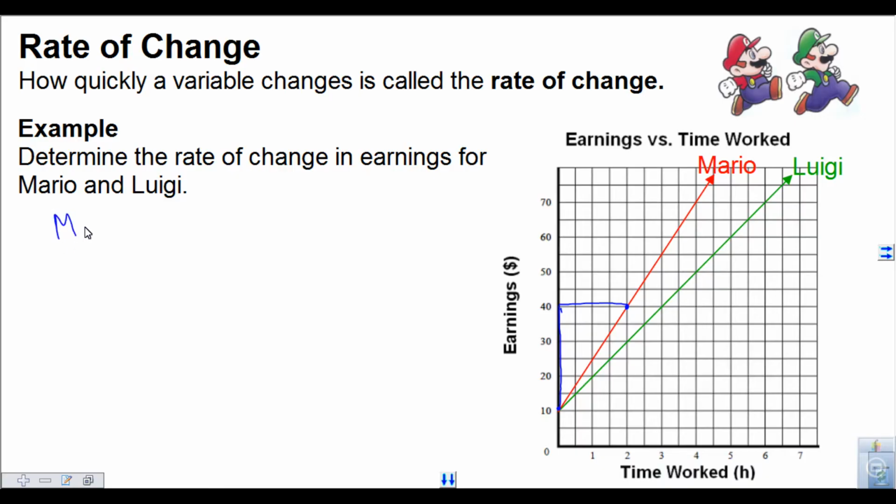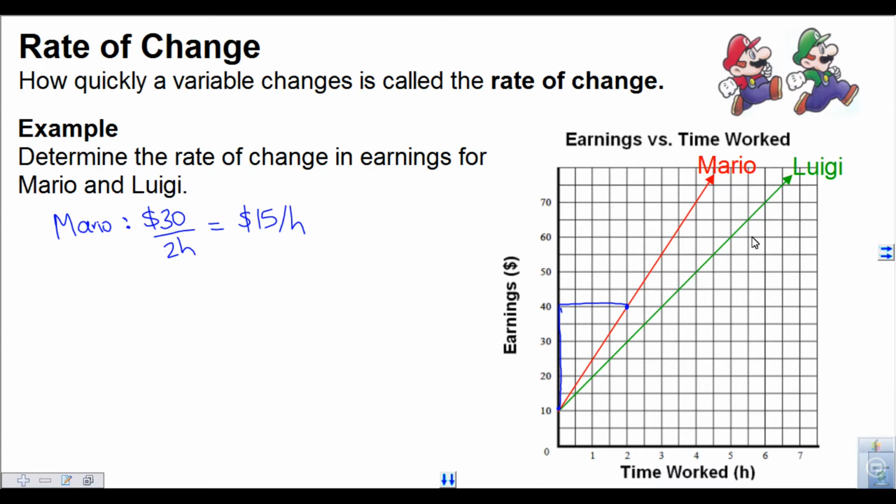Now, you can just divide the values here to find out how much he earns per hour. He would earn $15 per hour.